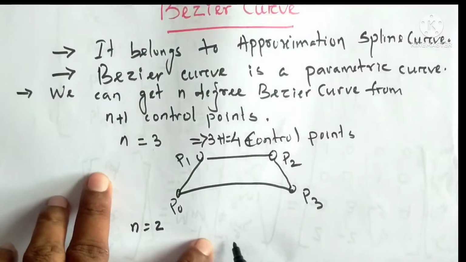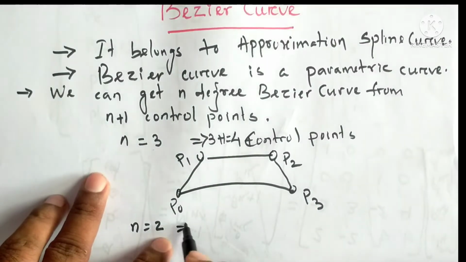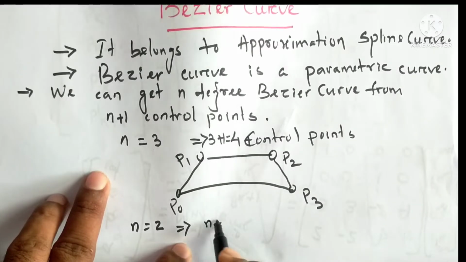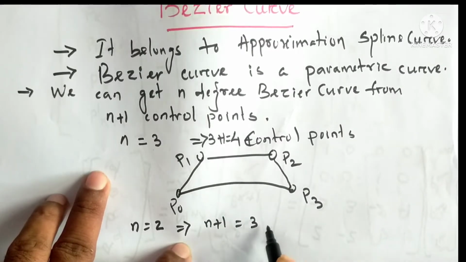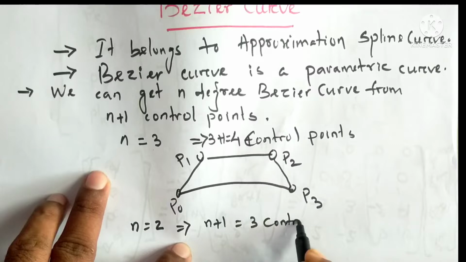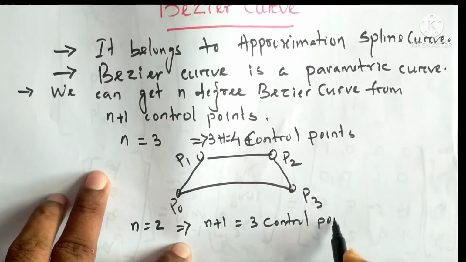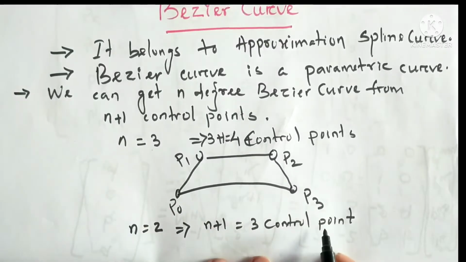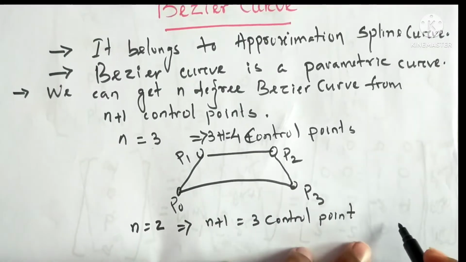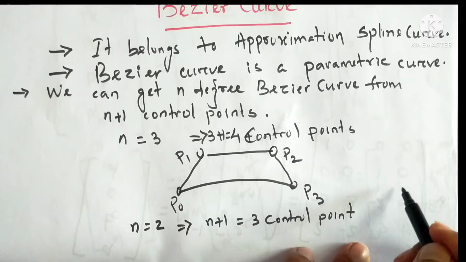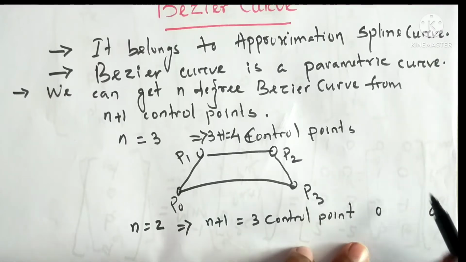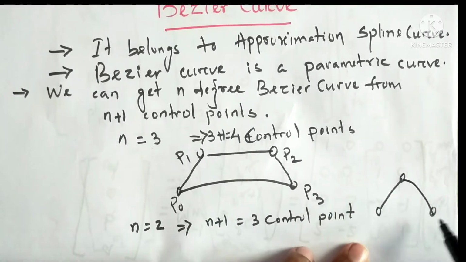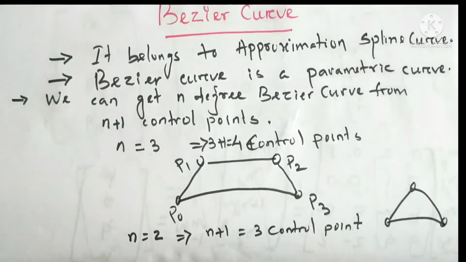Total control points will be n plus 1, that is 3. So 3 control points we use for a degree 2 Bezier curve. What does it look like? Let me place one control point here, another here, and a third here. So I can generate the curve here.